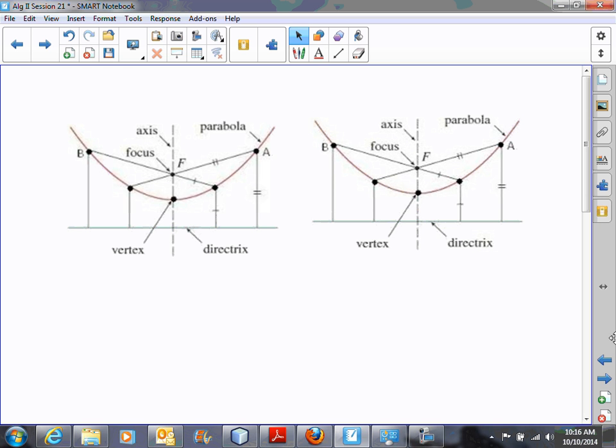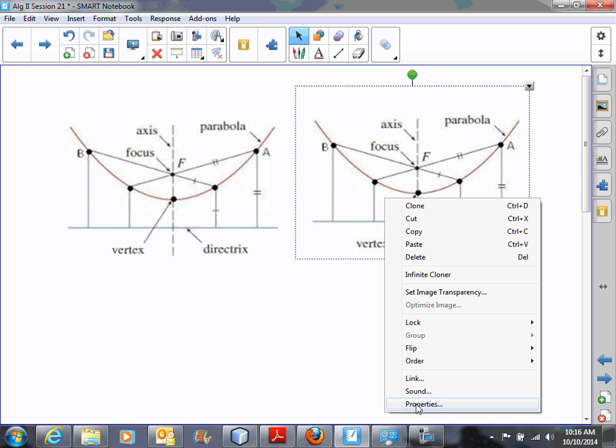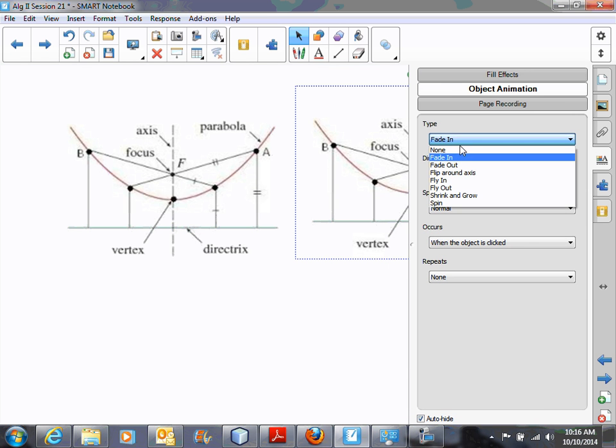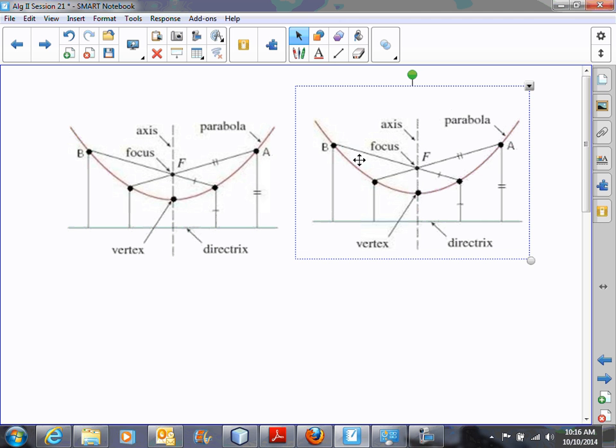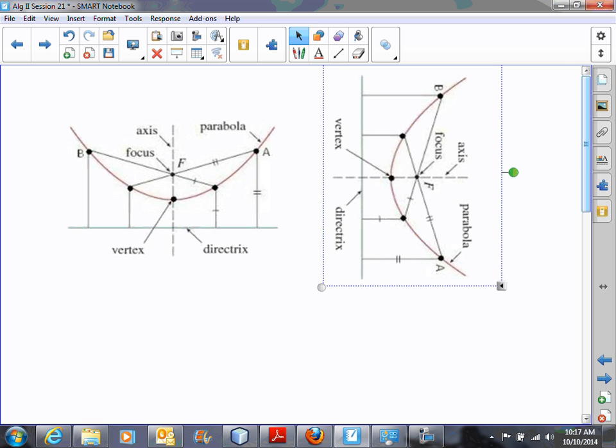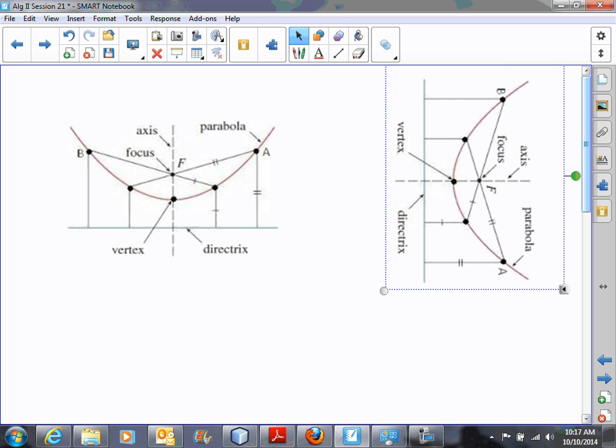I'm having trouble here again. Okay, if we put this one on its side like this, then here we go.